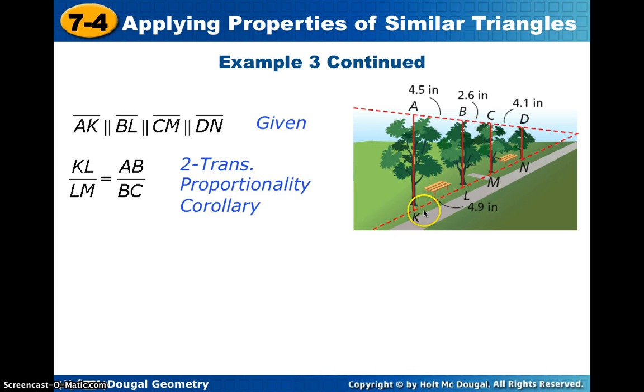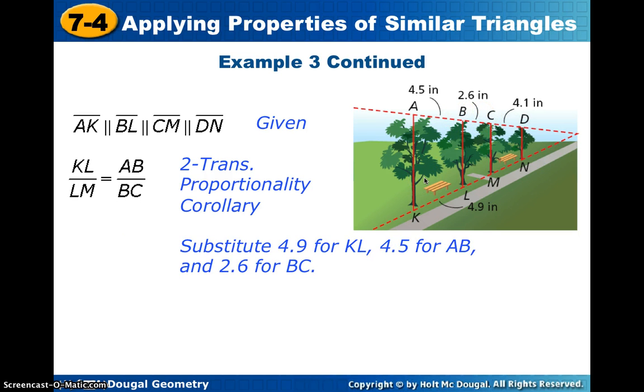So we're going to do KL on the bottom. KL corresponds with the KL over LM, and then on top we have AB over BC. So we plug our numbers into that, and we have 4.9 over LM equals 4.5 over 2.6.